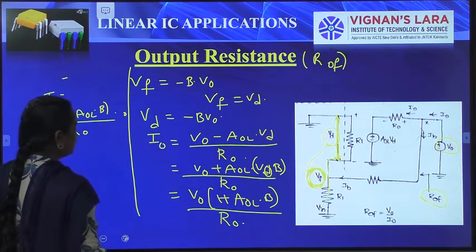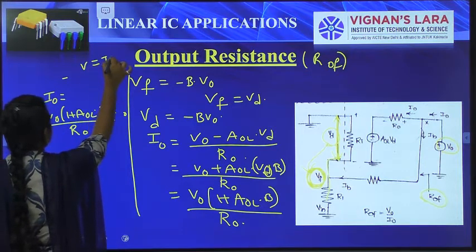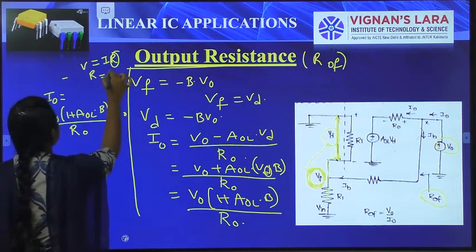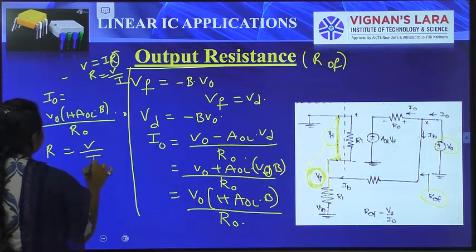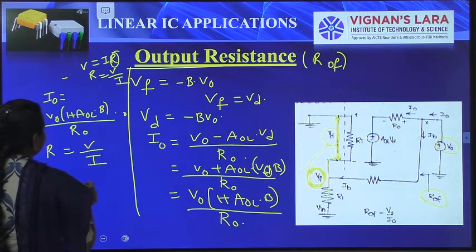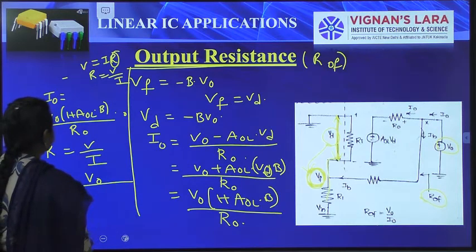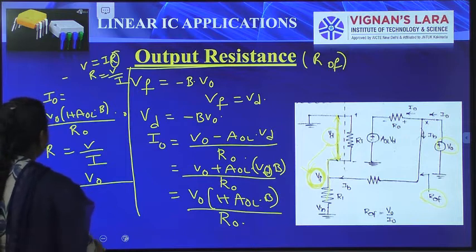Here we already know V is equal to IR. We want the output resistance R naught, so R is equal to V by I. In place of V we put V naught, and I naught means I naught.